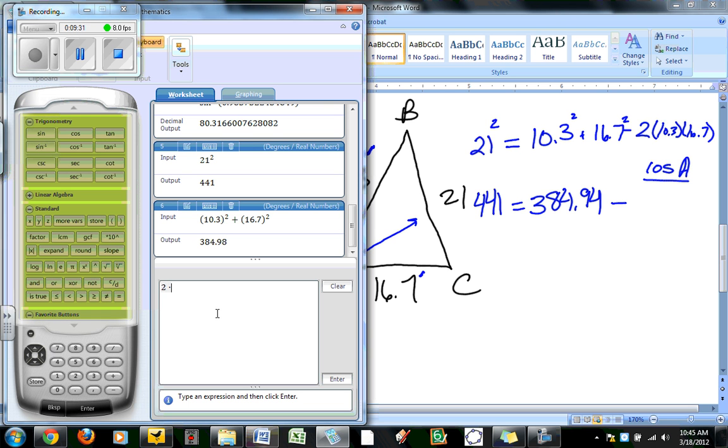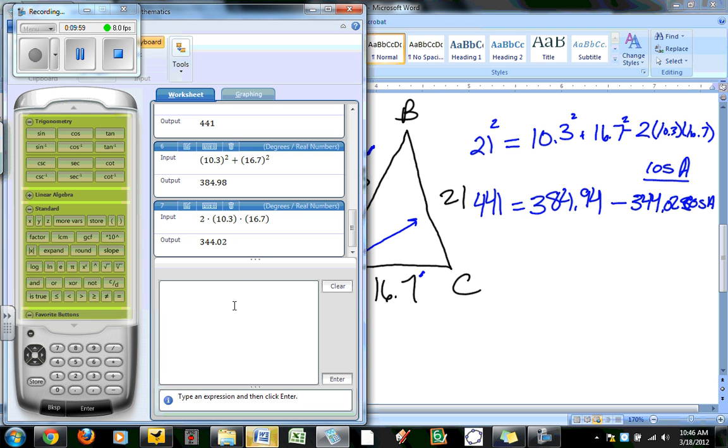And then let's go 2 times 10.3 times 16.7. So now we have minus 344.02 times the cosine of A. Now we've got to get the cosine of A by itself, so let's subtract 384.94 from 441.